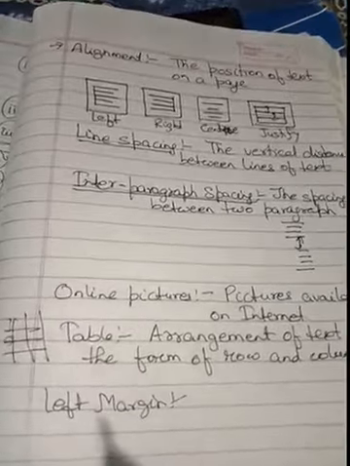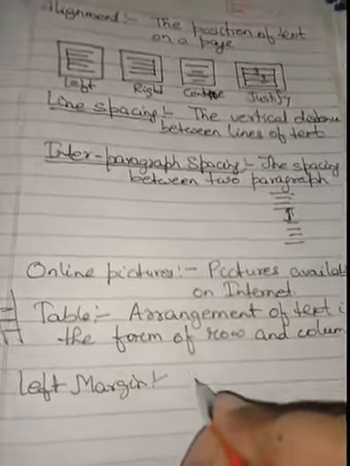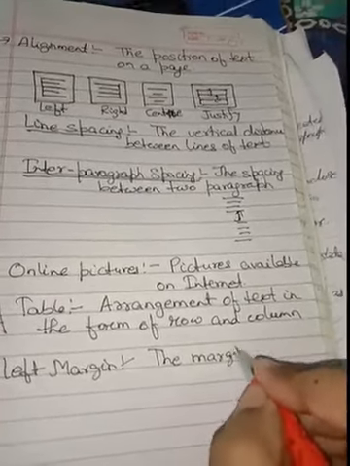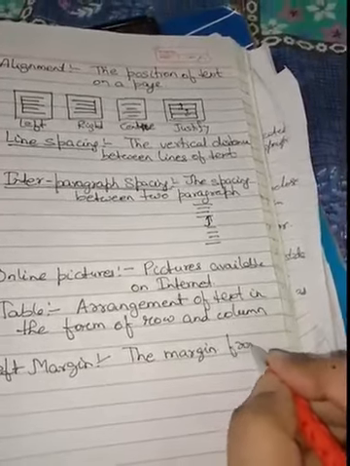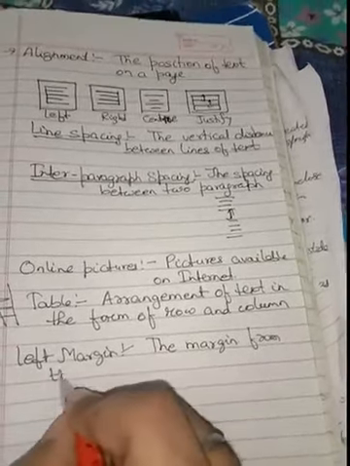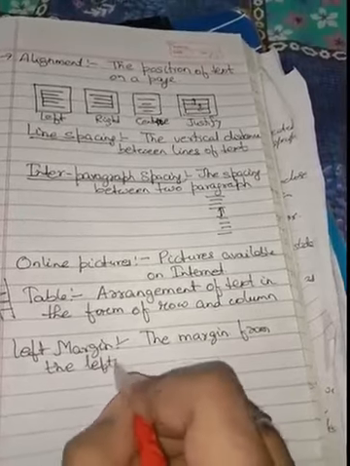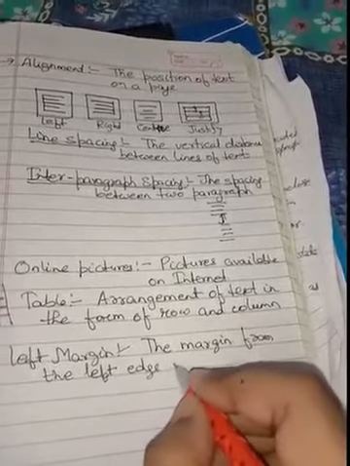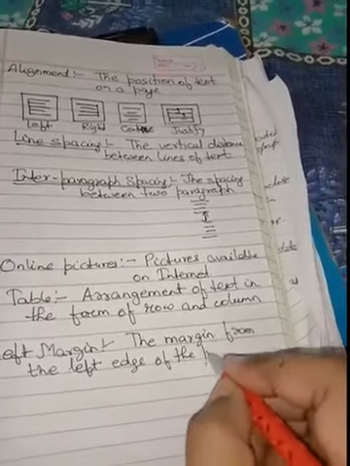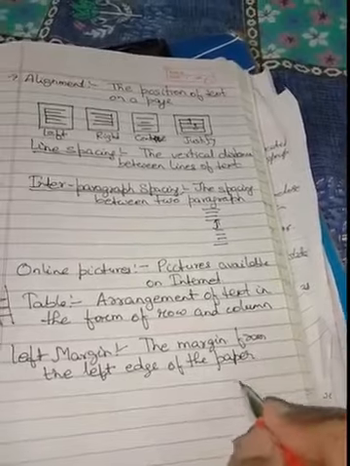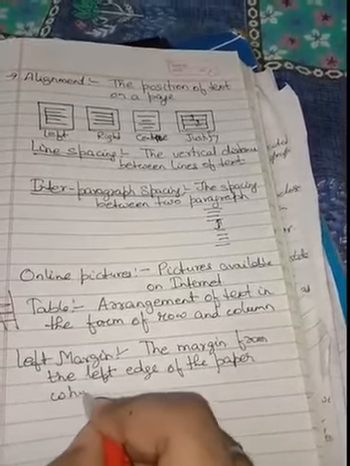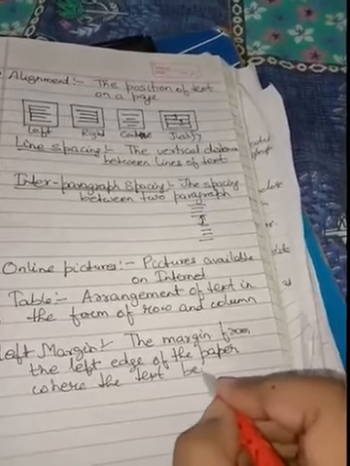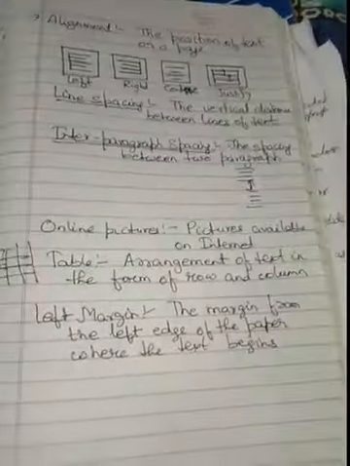The margin from the left edge of the paper to where the text begins is known as left margin.